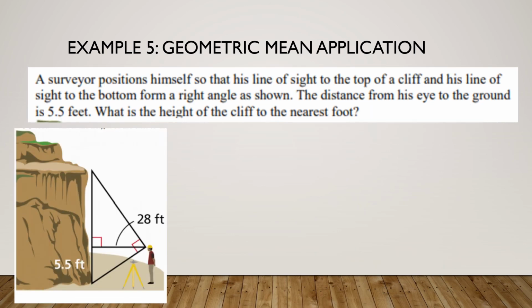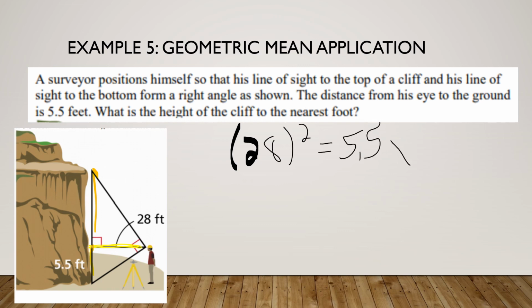So another real life example, it's the same kind of thing. There's our surveyor. We have our altitude at 28 feet. And then we have our two pieces of the hypotenuse. So we know we would have 28 squared equal to 5.5 times x.